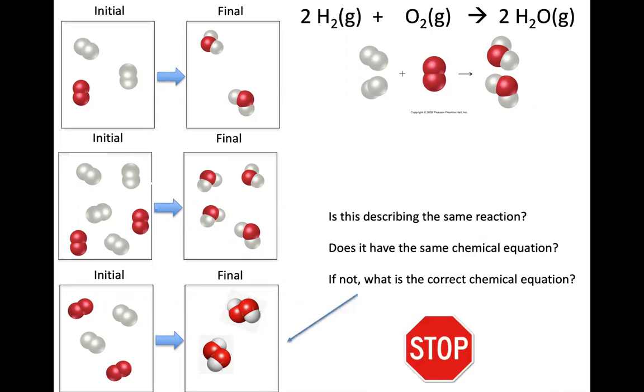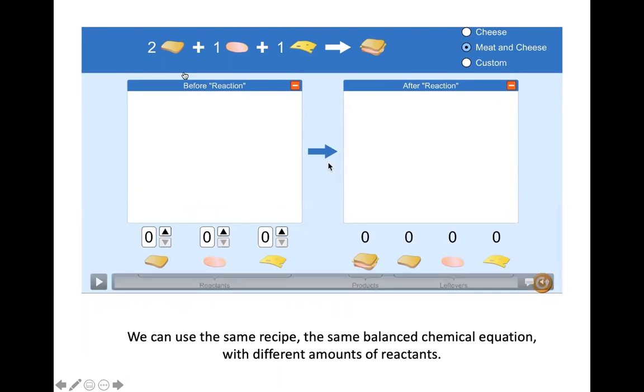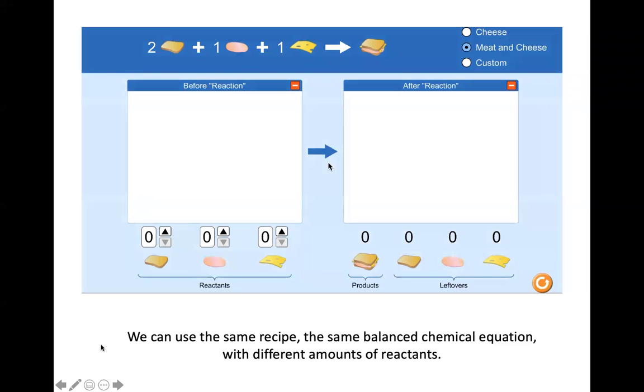I'm going to double back just to our sandwich recipe here. At the top, here's my simplest recipe for making a sandwich. I can change the amount of reactants that I have and make sandwiches without ever changing what my recipe is. I can keep the same chemical reaction there at the top. It will work when I have a small number of reactants. And when I progressively increase the number of reactants that I have, I can keep the same recipe.